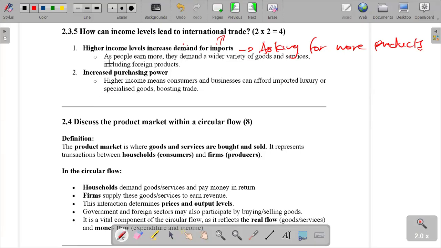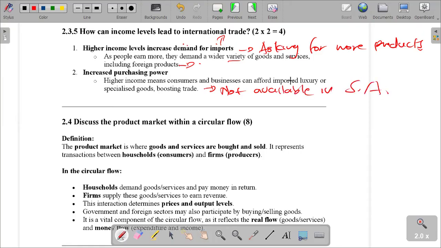So if we have more money, but there are no products in the country, then that will eventually increase our imports. As people earn more, they demand a wider variety of goods and services, including foreign products, because they're not available, right? And because of increased purchasing power, people now have the power to spend. Higher income means consumers and businesses can afford imported luxury or specialized goods that are not available in SA.